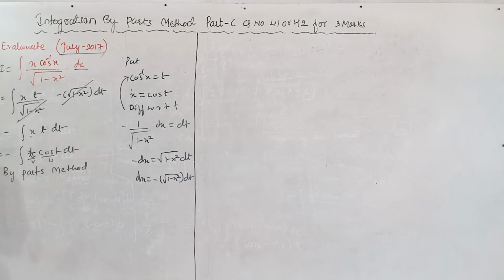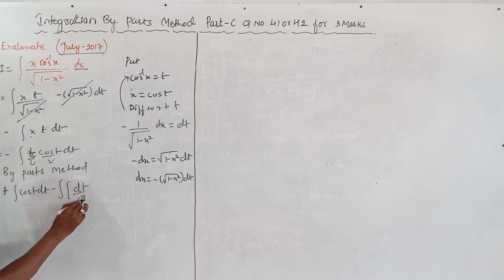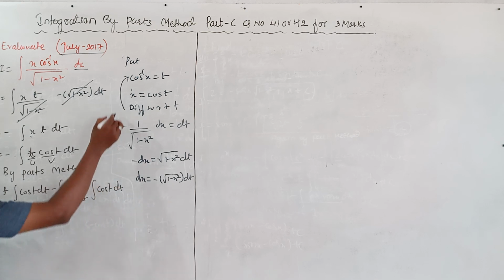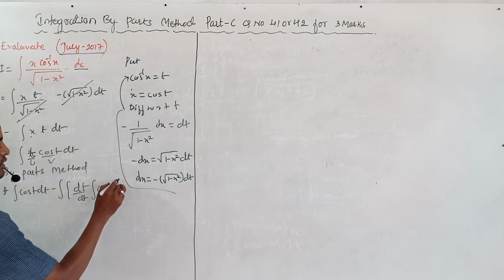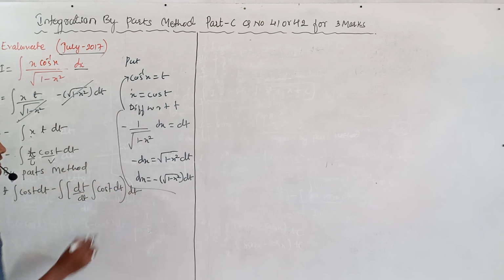According to the ILATE rule, algebra is u, that is t is u and cos t is v. I is equal to t integration of cos t dt minus integration of the derivative of t with respect to t times integration of cos t dt, whole bracket dt.